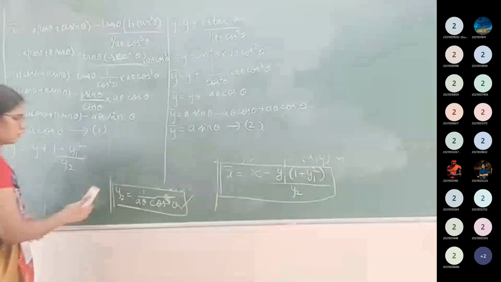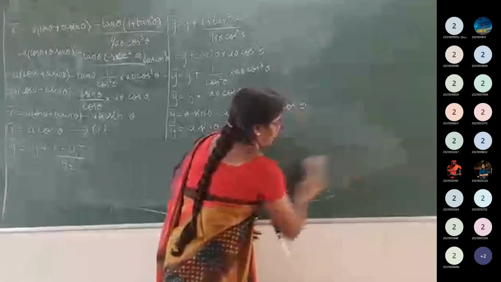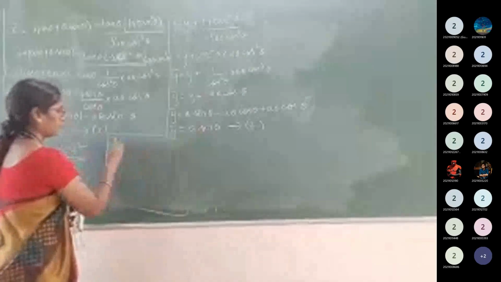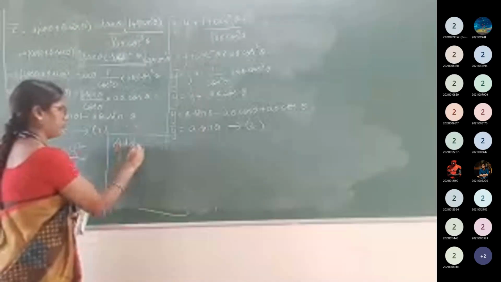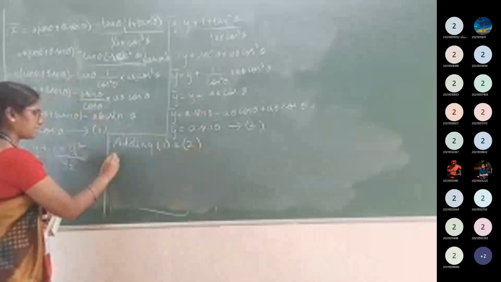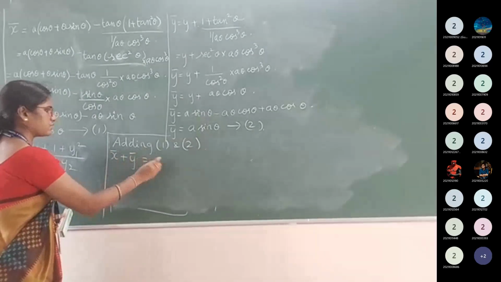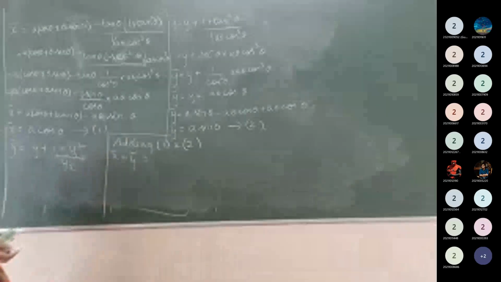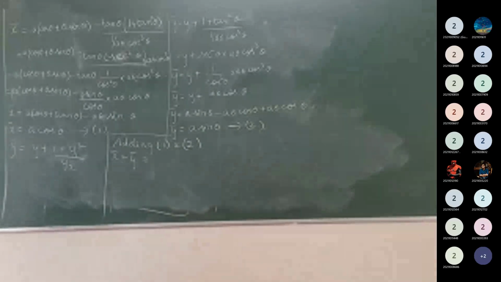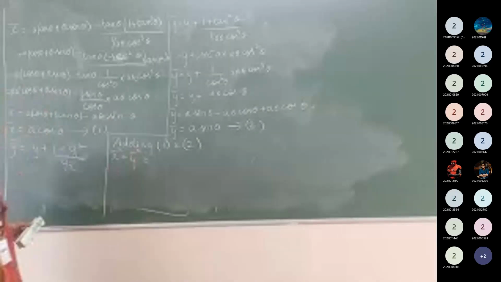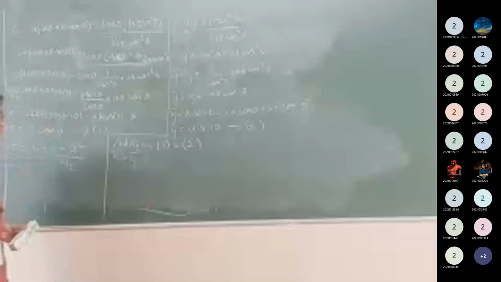Now adding 1 and 2, x bar and y bar, I'm raising to the power squared also. So x bar squared plus y bar squared is equal to, what is your value?